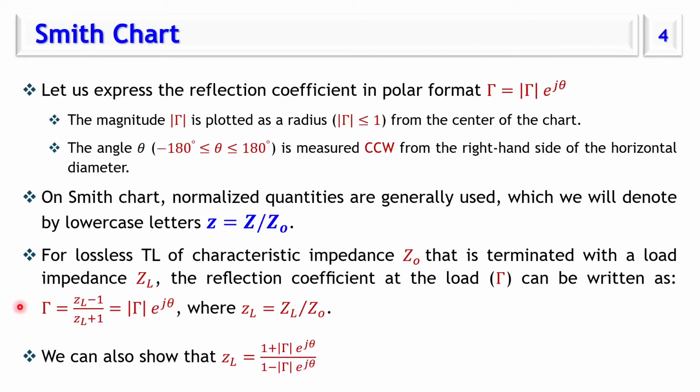This is in general a complex quantity that's expressed as a magnitude and phase. Also, we can work this out to express ZL as a function of the reflection coefficient, as we did before. The normalized impedance equals 1 plus the reflection coefficient divided by 1 minus the reflection coefficient.